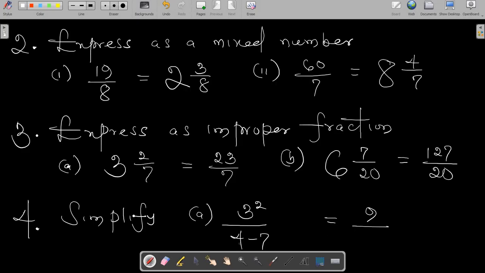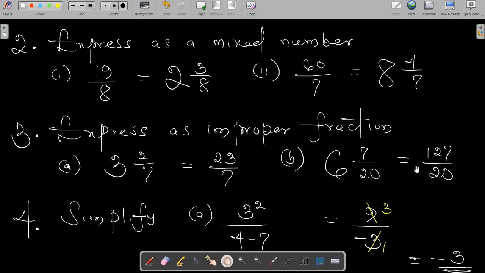That is 9. Then 4 minus 7, then we have it to be minus 3. Then I notice something here. Now watch out. 3 goes here, 1. 3 can divide 9, we have it to be 3. And our final answer becomes negative 3. And that is the answer to that question.